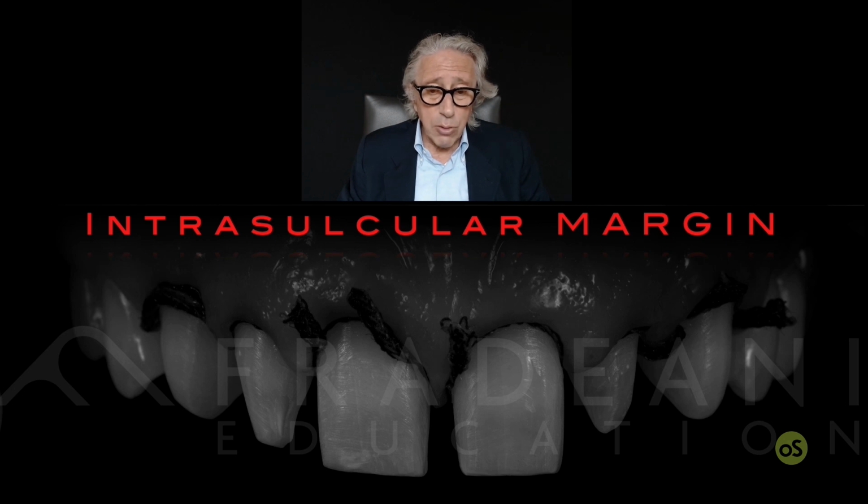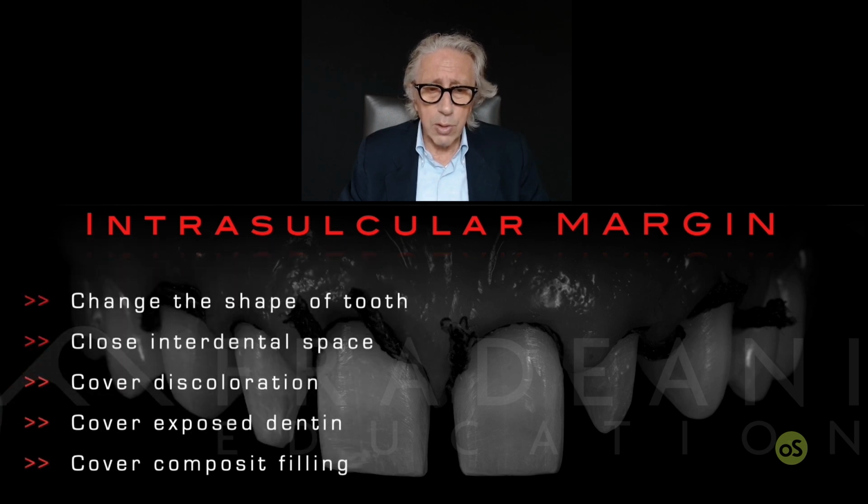Then sometimes you need to hide your restoration. You want to go intrasulcular with your margin. And of course, there are some advantages, some disadvantages. So you can change the shape of the tooth because, being inside the sulcus, you can change the emergence profile. You can close some interdental spaces if you have some diastema. You can cover discoloration, especially interproximally.